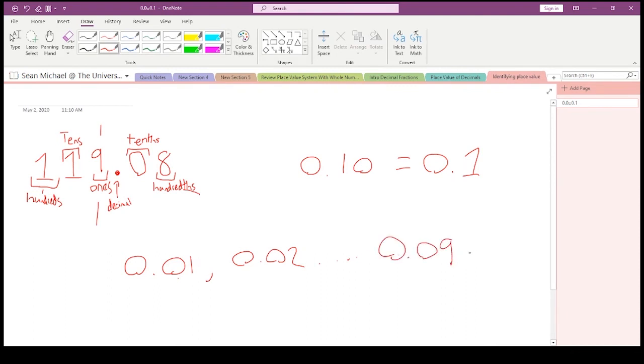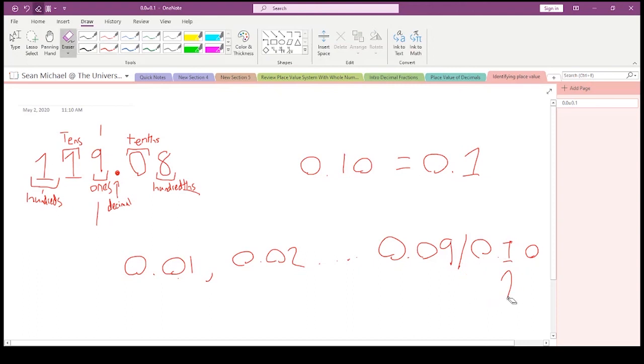When you go up one more, so you have 10 hundredths, it is written like this, like we just showed. 10 hundredths is 0.10. And really, when we look at this, 0.1 and 0.10 are the same, right? You have the 1 in the same spot, 1 digit behind the decimal, and the 0 just means there are no more hundredths afterwards anyways. So we can see that these are equal.